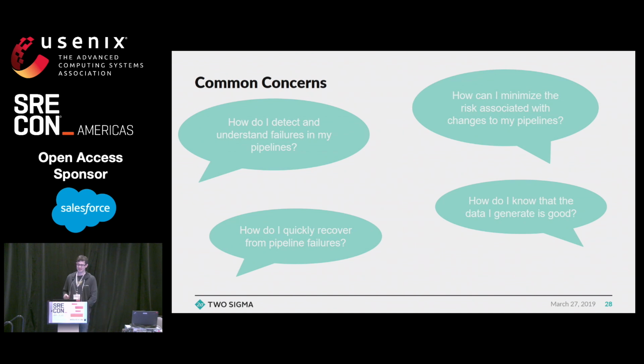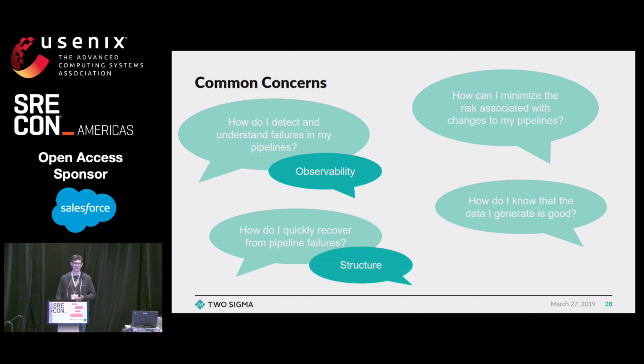So now let's revisit those common concerns I mentioned earlier. Do we now have some tools or other knowledge that we can use to mitigate some of these concerns? If I'm interested in detecting and understanding the failures in my pipelines, can't I improve my observability of my data pipelines? If I'm worried about how to recover quickly from pipeline failures, if I've ensured that my tasks are idempotent and I'm using immutable inputs, that goes a long way towards improving this situation.